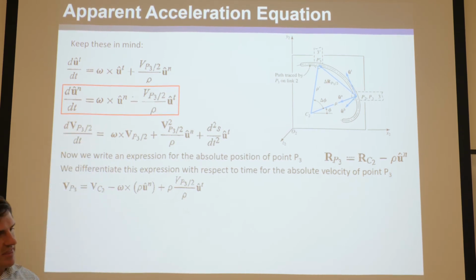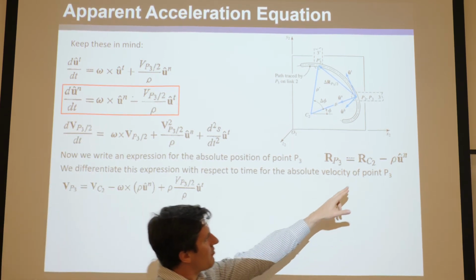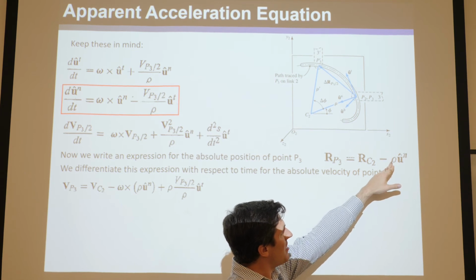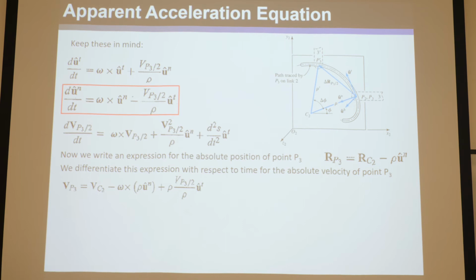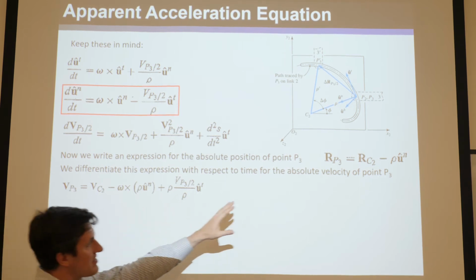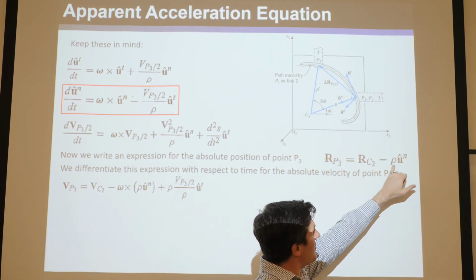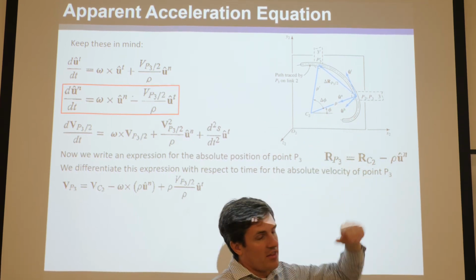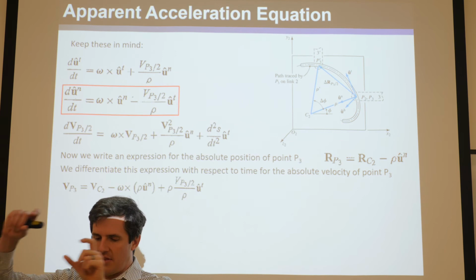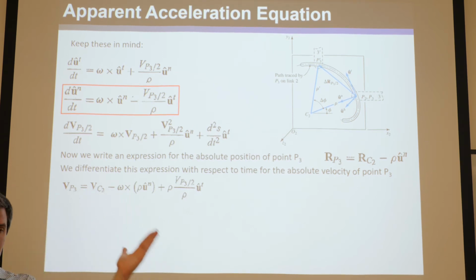Okay? Now, you might think that, listen, rho changes with time as well as UN. That was something that confused me for a very long time, because if you're taking the derivative of this, take the derivative of that and take the derivative of that, but these two things change with respect to time. Notice, if it's a circle, then rho, as the thing moves, stays the same. It's just the radius of the circle.